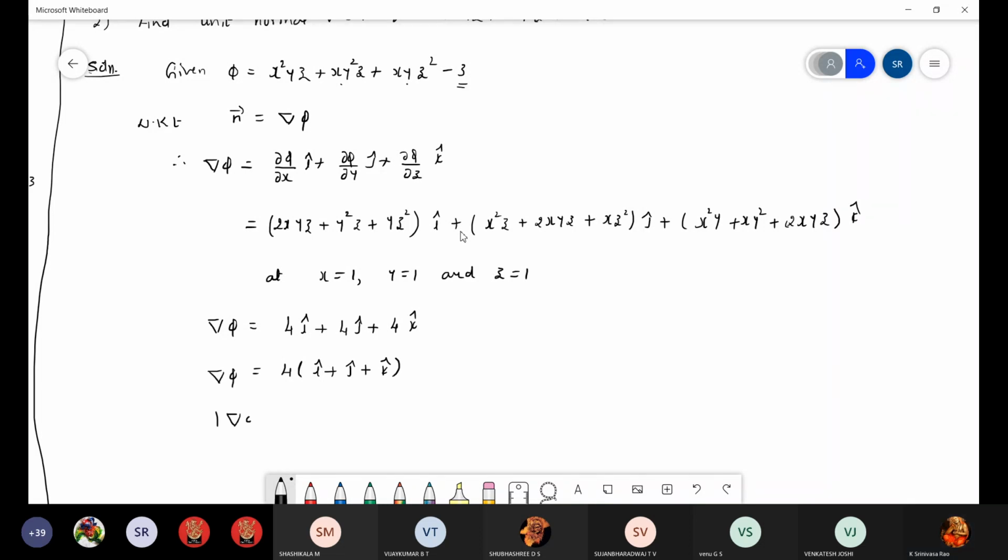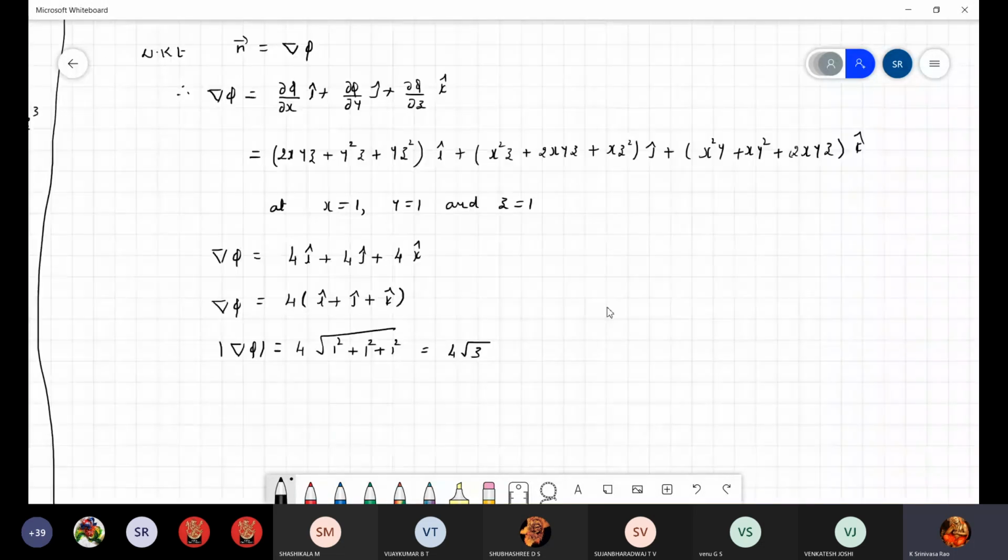Therefore, you calculate its magnitude. That is 4 into square root of 1 squared plus 1 squared plus 1 squared, that is 4 root 3.